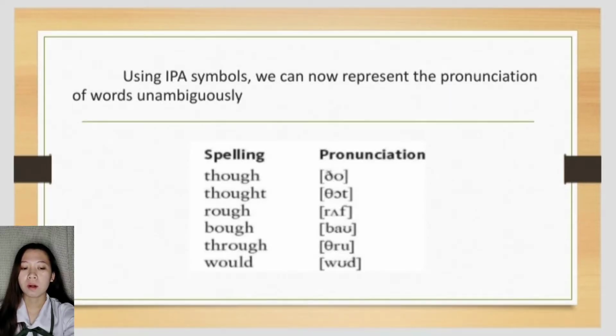Using IPA symbols, we can now represent the pronunciation of words unambiguously. So as you can see, there is the spelling and the pronunciation that we are going to use. So we have do, tough, rough, boat, true, and wood.